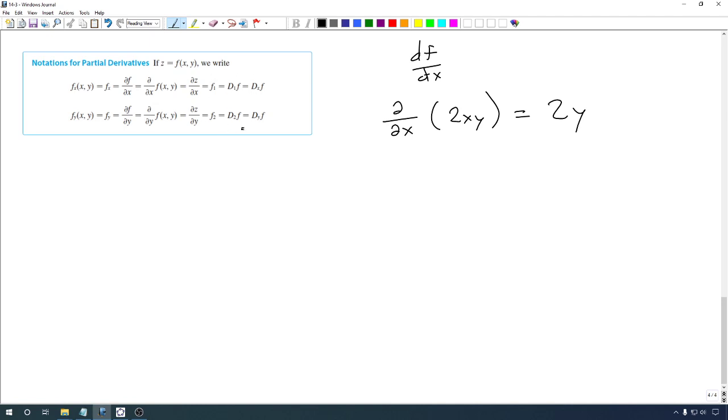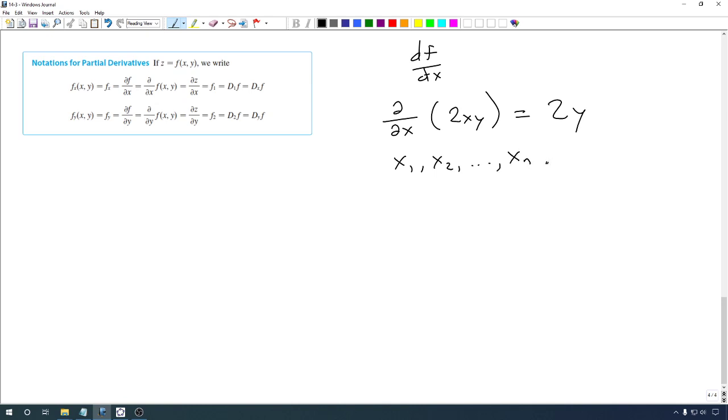There's also another notation here where they're using 1 and 2 instead of x and y. What that's essentially saying is differentiating with respect to the first variable or the second variable. Normally, we don't see that very often unless you're in a higher dimensional case where you actually have to number your variables because you just have too many of them.